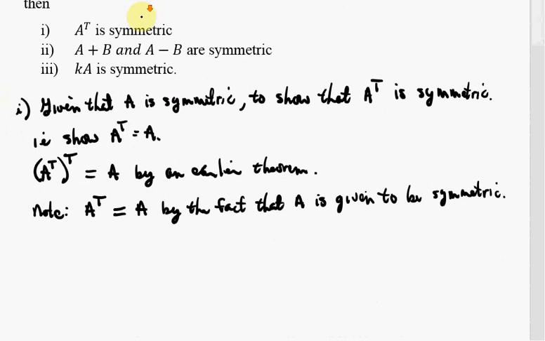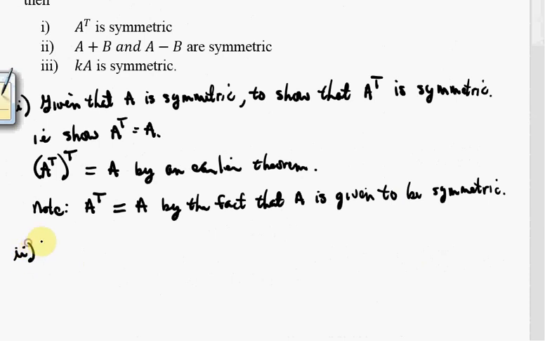Part B, or the second part: show here that A plus or minus B, transposed, is equal to A transpose plus or minus B transpose.